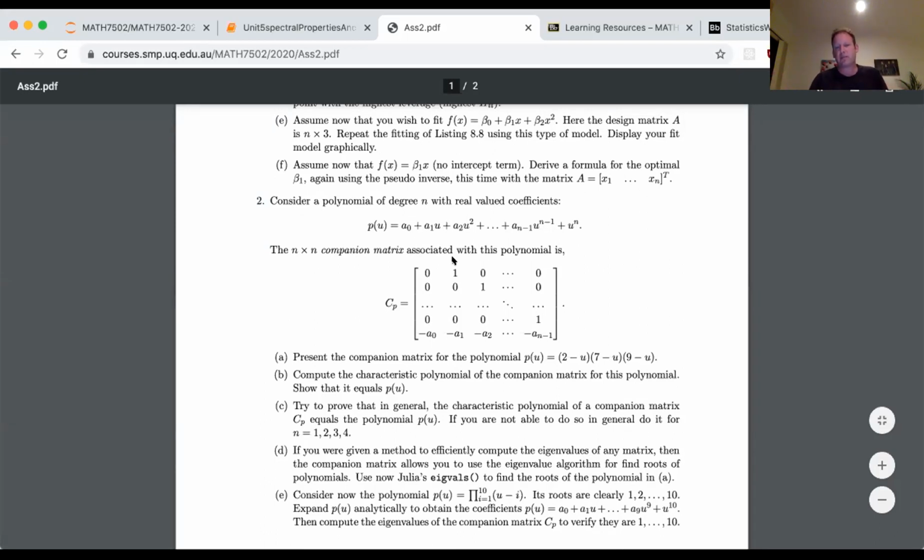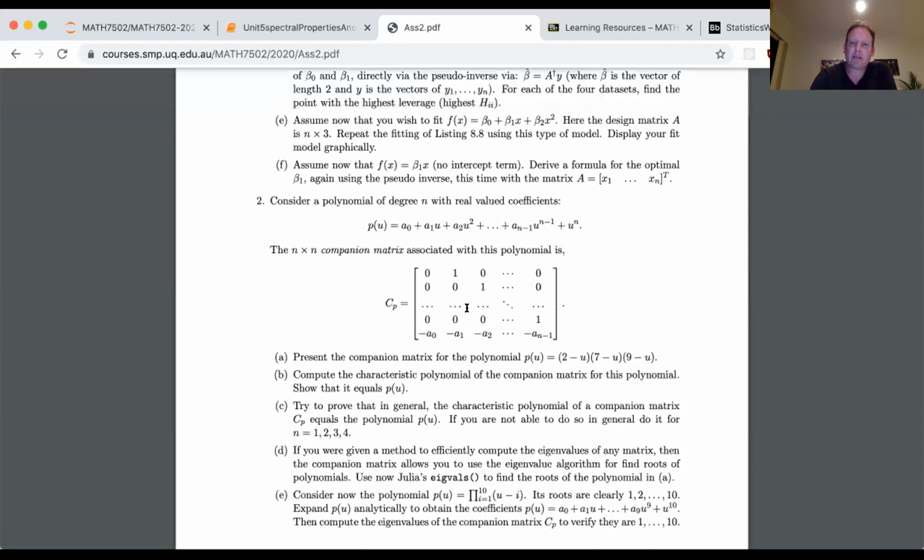You're given a matrix. But it turns out that you can have this companion matrix which exactly encodes the polynomial in it right there. So then you can compute its eigenvalues right there. Okay, so that's a companion matrix.